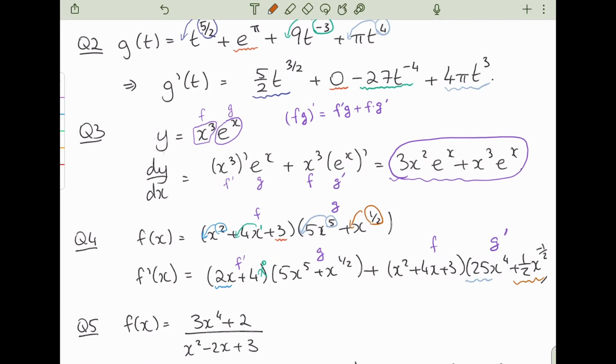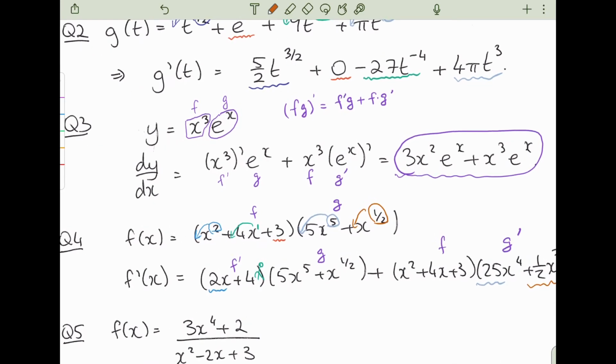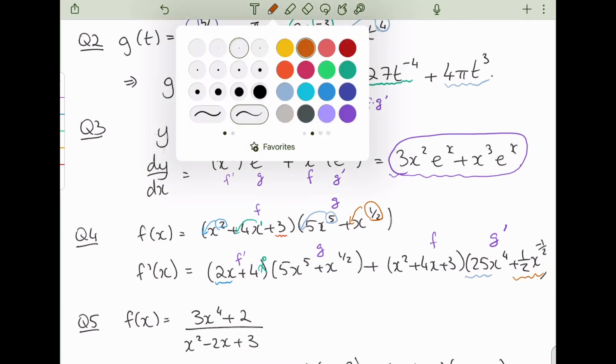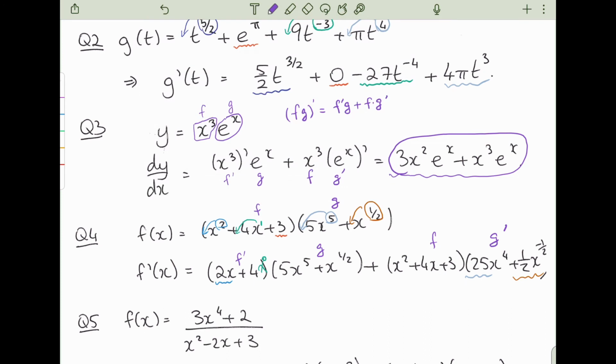Now let's come to question 5. That is a little bit different. This requires the quotient rule. Let me write it down for you. Quotient rule: the derivative of f over g is equal to g squared in the bottom, and on the top we have f prime times g minus f times g prime.